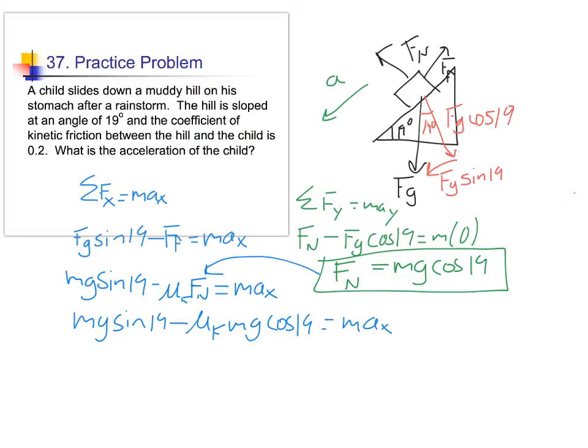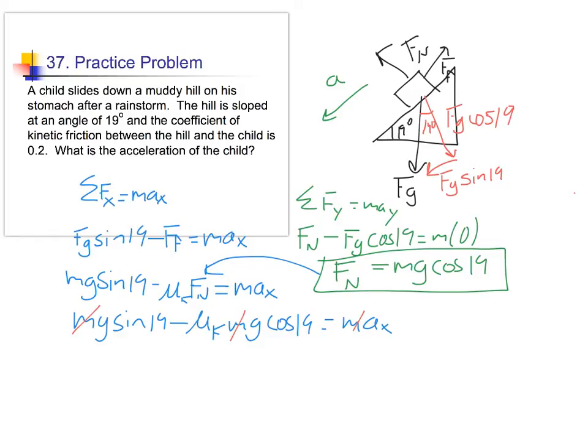And here's what I can do, and this works out really nicely. I can now divide out an m. Be careful, okay? You need to have an m in every single term. And I know some people will say, well, there's two m's on this side and only one on that one.